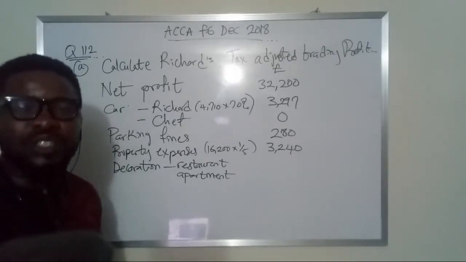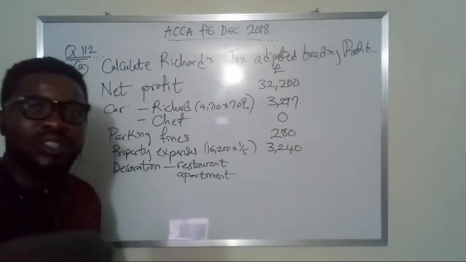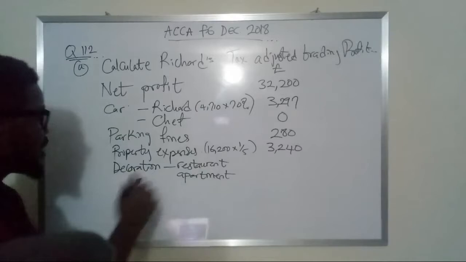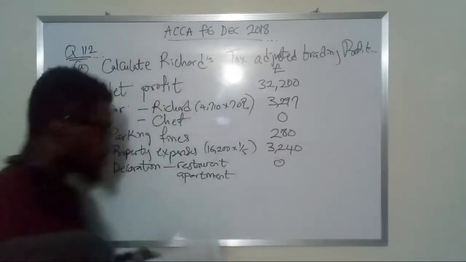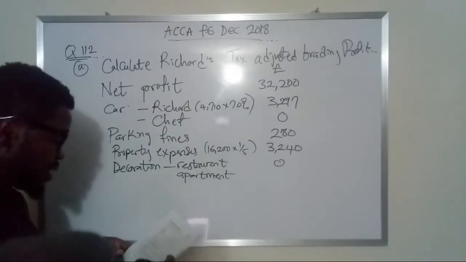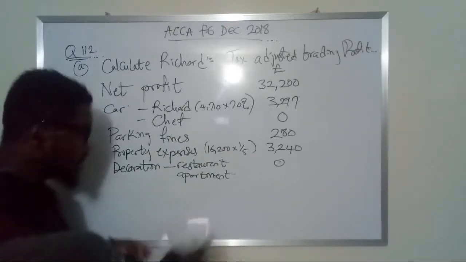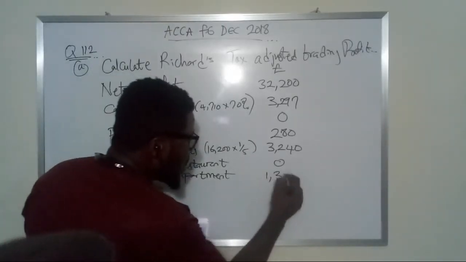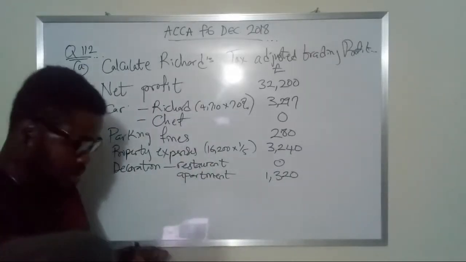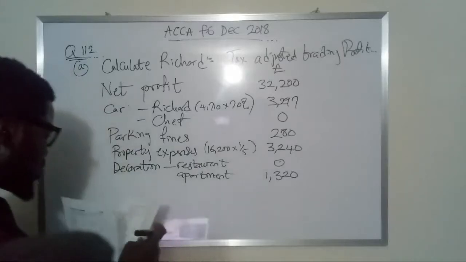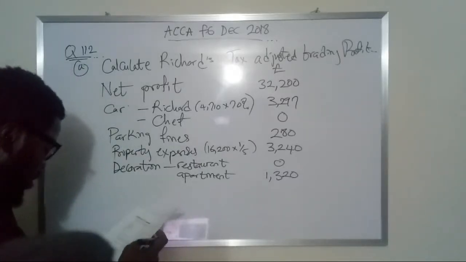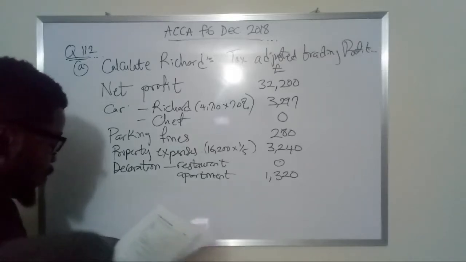It's a capital expenditure, and you cannot deduct it here. So for this restaurant it is allowed, but for the apartment, this is not part of the business. So that goes in straight in terms of the tax adjusted. 1,320. Then other expenses. We have for number 4, other expenses.